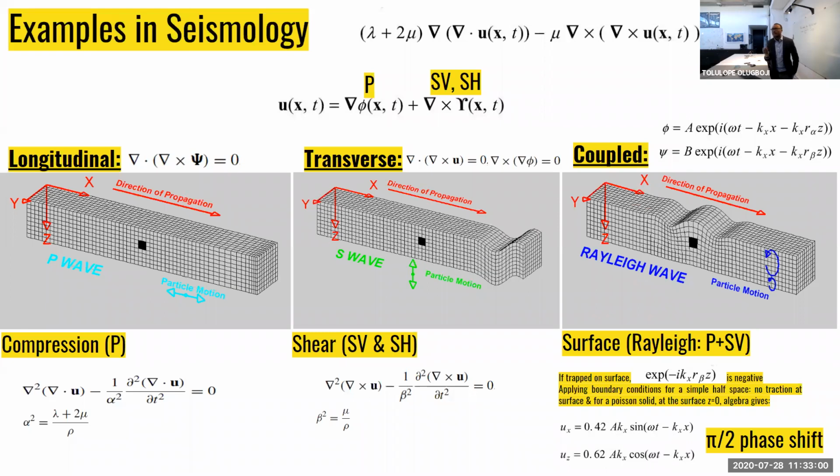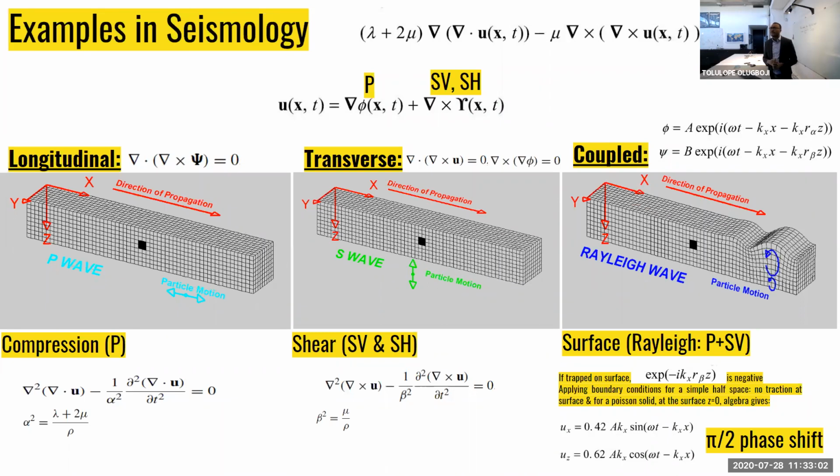Is that person satisfied? Yes, but we have another follow-up question: what is the physical significance of using potentials in the decomposition? That's the first time I thought about that question. I bet it's so that you can write out these expressions where you're separating the behaviors of the P and the SV, knowing that when you take the divergence and the curl, they're going to drop out.